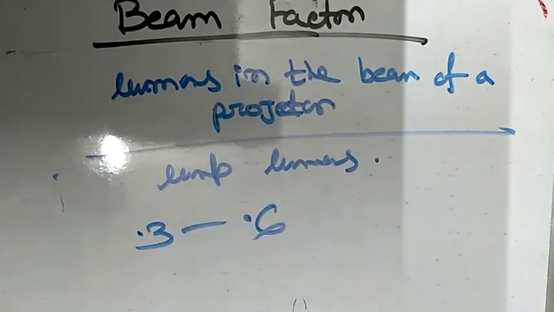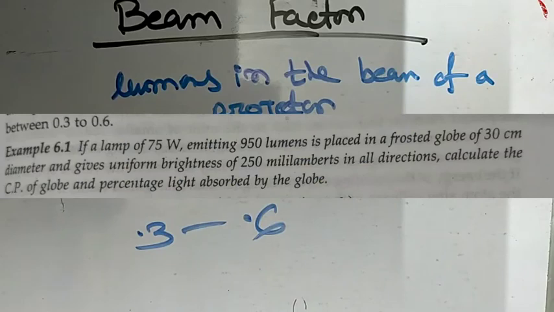Next is a problem. If a lamp of 75 watt emitting 950 lumens is placed in a frosted globe of 30 cm diameter and gives uniform brightness of 250 millilamberts in all directions, calculate the CP, that is candle power, of the globe, and percentage light absorbed by the globe.